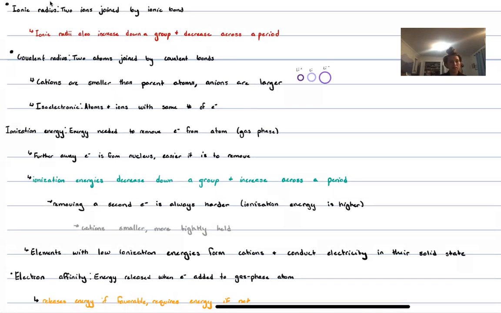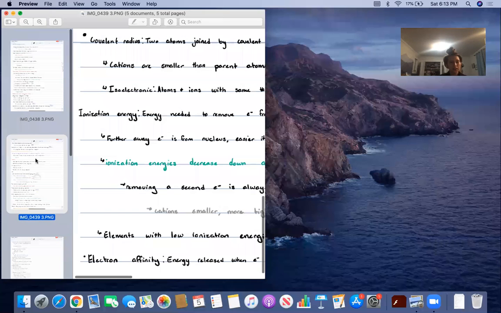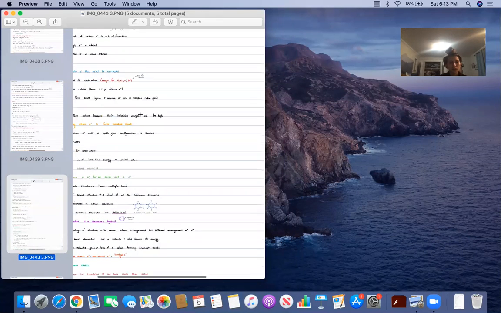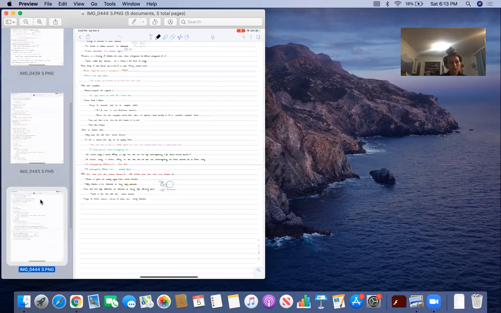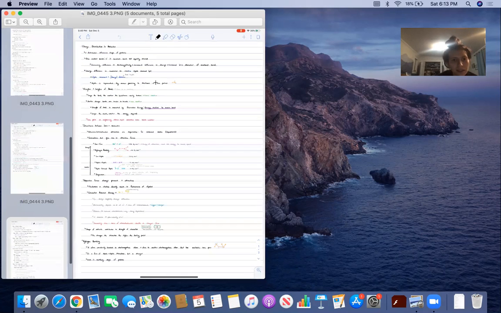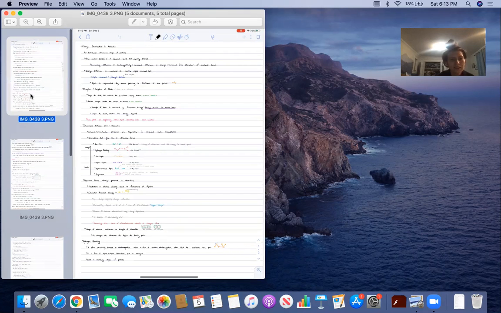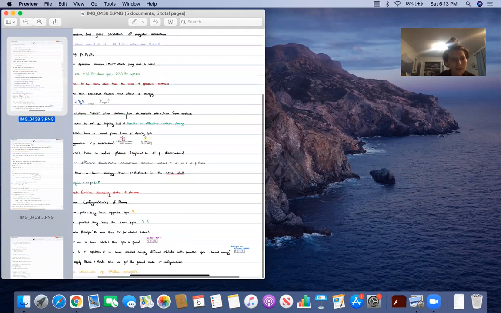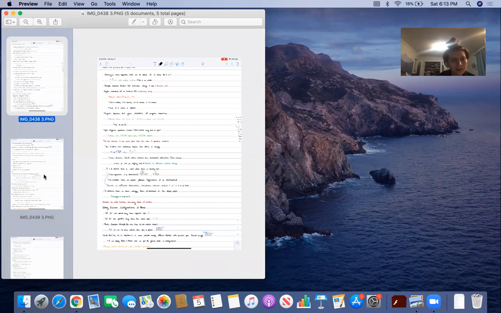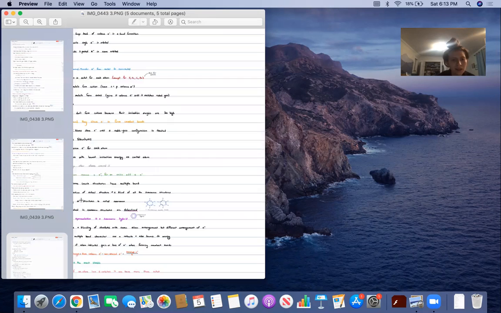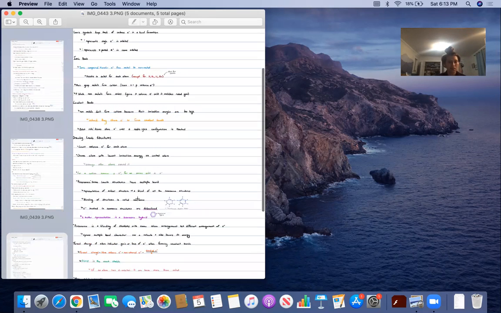So let's see if I can get to the next page. I think this one. I don't even know. It's one of these two. Wait. Oh my god, no. Why is it so big? Okay, wait, that's the first one. If this is the second one, I guess that was one of my last notes on it then.